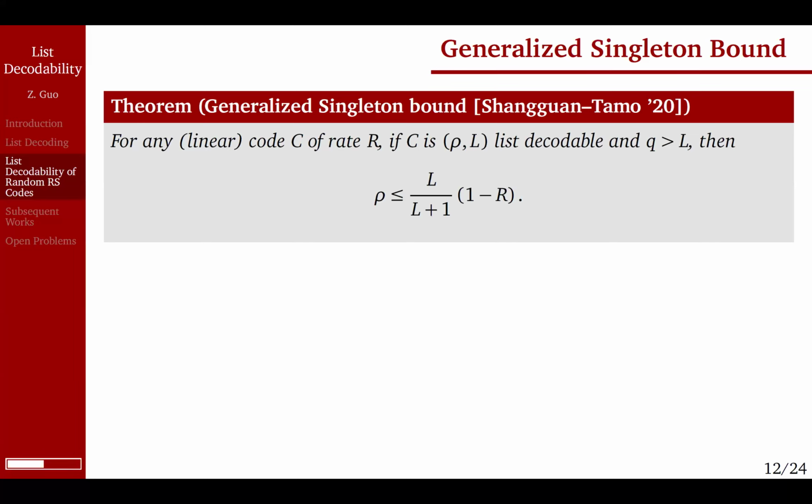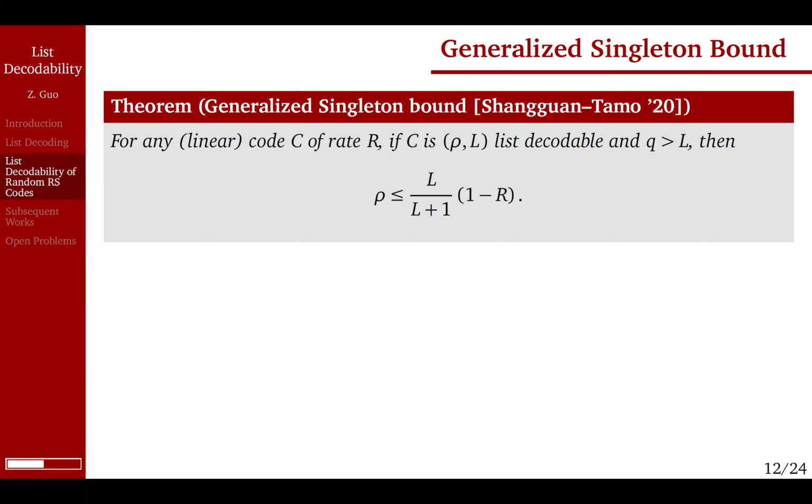It says for any code C with rate R, if C is list-L decodable, then there's an upper bound on rho, the relative radius. They show that rho is at most L over L plus 1 times 1 minus R. This is called the generalized Singleton bound because for L equal to one, which corresponds to unique decoding, you get 1/2 here.